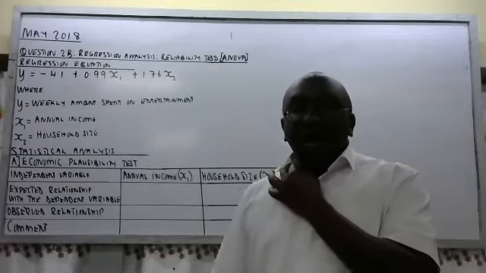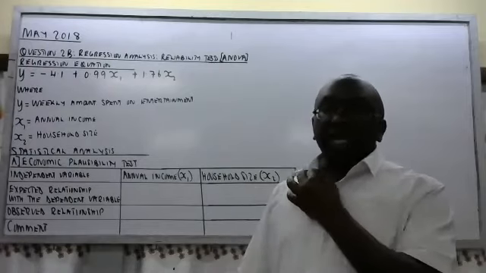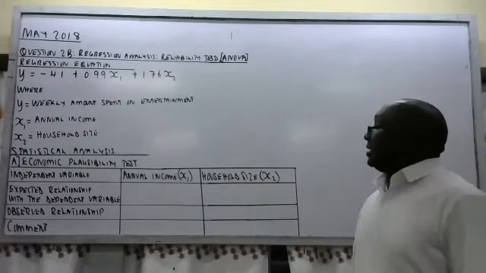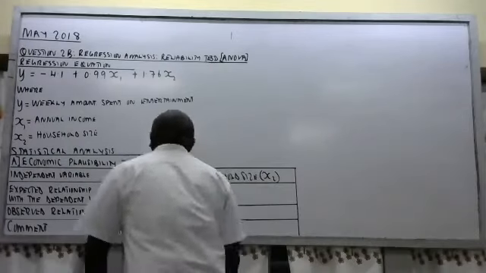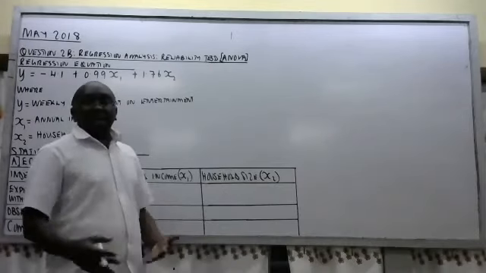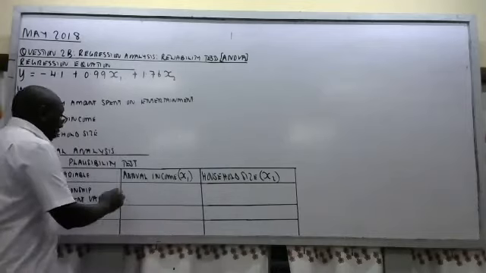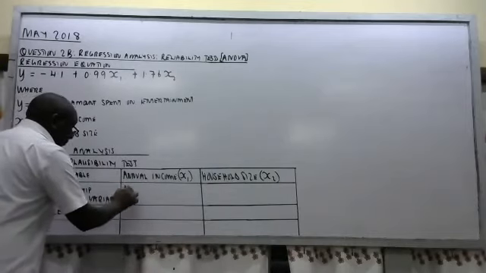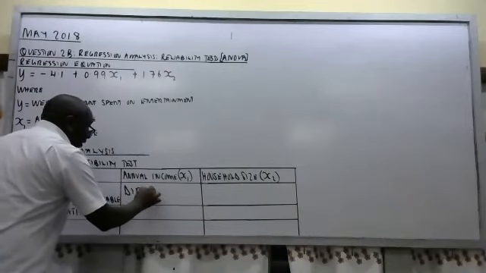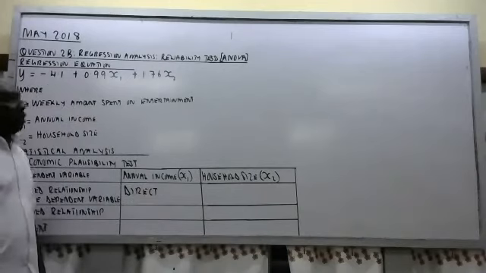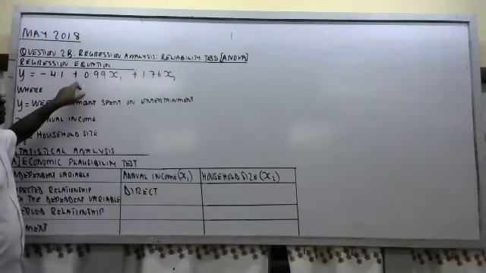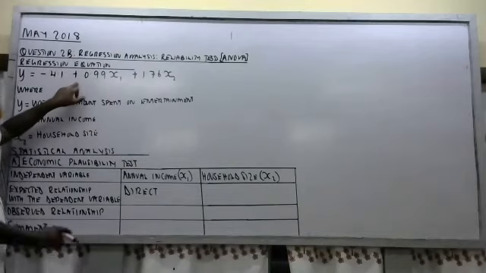Good. Now I can see Churchill and June saying the relationship is direct, which is very true. As you get more money, you spend more. So this is a direct relationship. Then you come and check, what have we observed? We have observed a direct relationship. You can see this is positive.